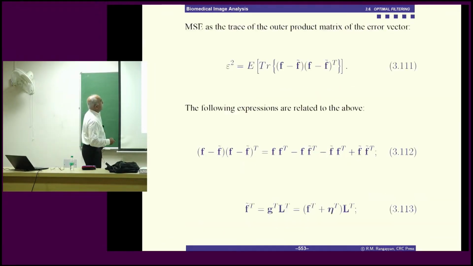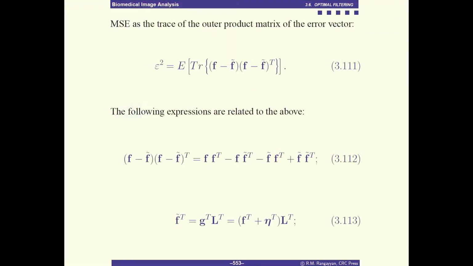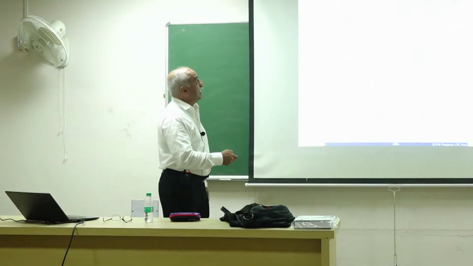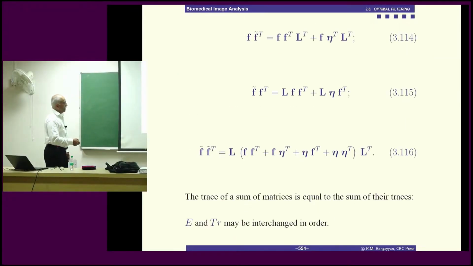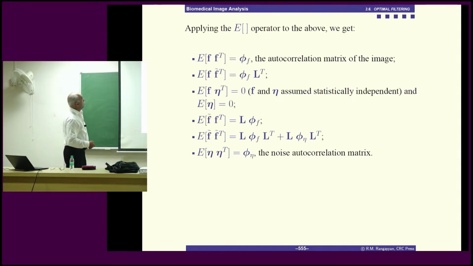Now we have a trace here, expectation and trace. In this matrix, you want to add up all the trace elements, the trace is the sum of all the diagonal elements, and you take the expectation, but then you can reverse that. The trace of a sum of matrices is equal to the sum of their traces, so expectation and the trace may be interchanged.